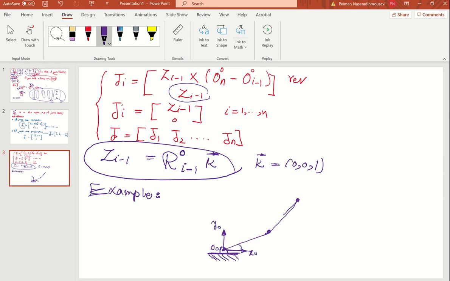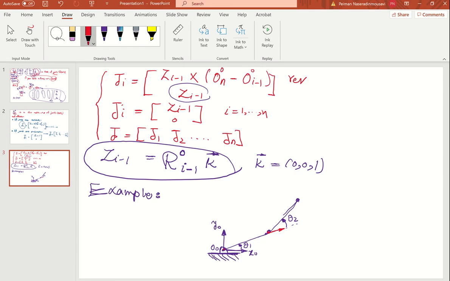This is one joint rotation, theta 1, and this is another joint rotation, theta 2. So this is as base. Both of these are out of the page.